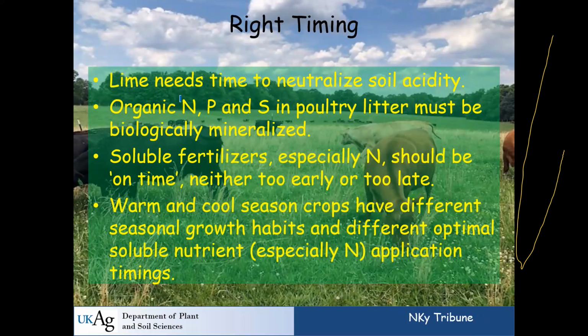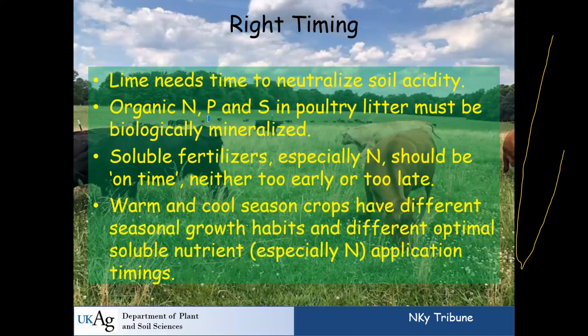Moving away from rate to timing. Timing is really important, and it's a very difficult thing to optimize at times for the different inputs we apply in a farming operation. Lime, for example, we know it needs time to neutralize soil acidity. We like to put lime on in the fall in anticipation that the next crop in the next year will benefit from that.